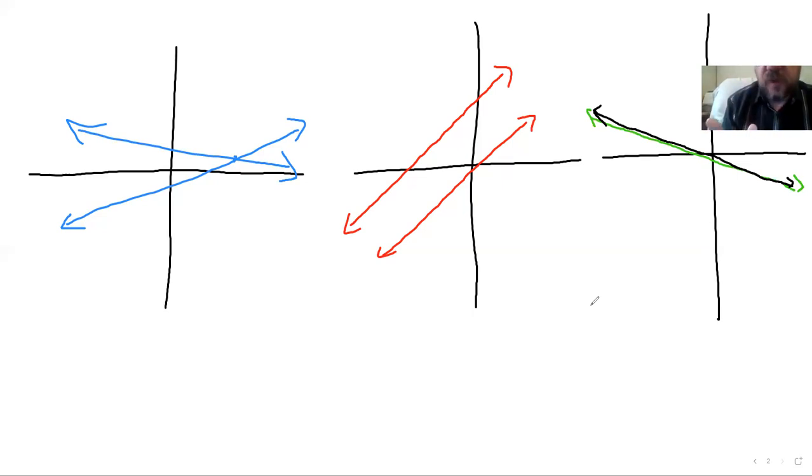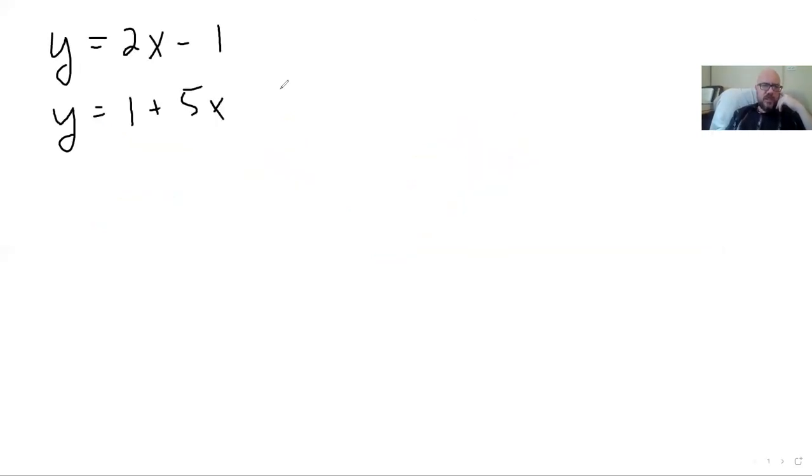The thing I want to talk about is what a solution looks like to a system of equations. So let me go back here for a second. This is two lines, right? If you think back to when we were just starting to graph lines, and I talked about what it means to be a graph, a graph is all the solutions to an equation.